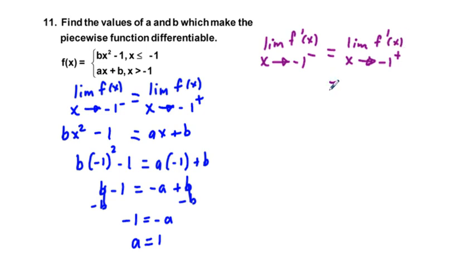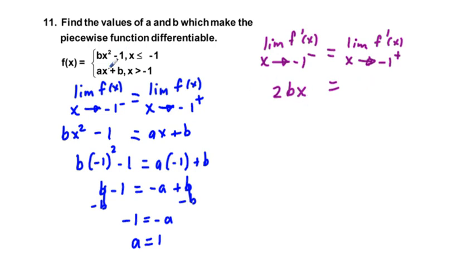And so we're just going to take the first derivative. So we take the first derivative of bx squared minus 1. We're going to have 2bx. And the derivative of negative 1 is 0, so we don't even have to write that down.